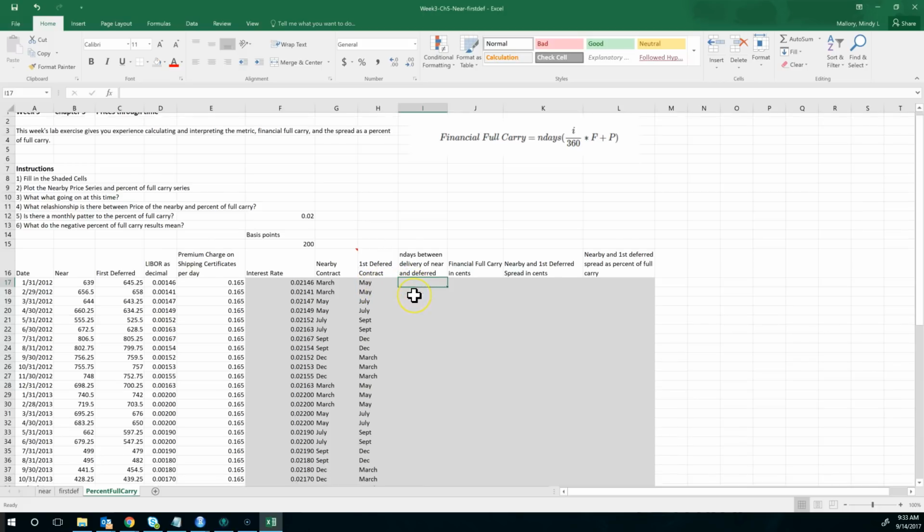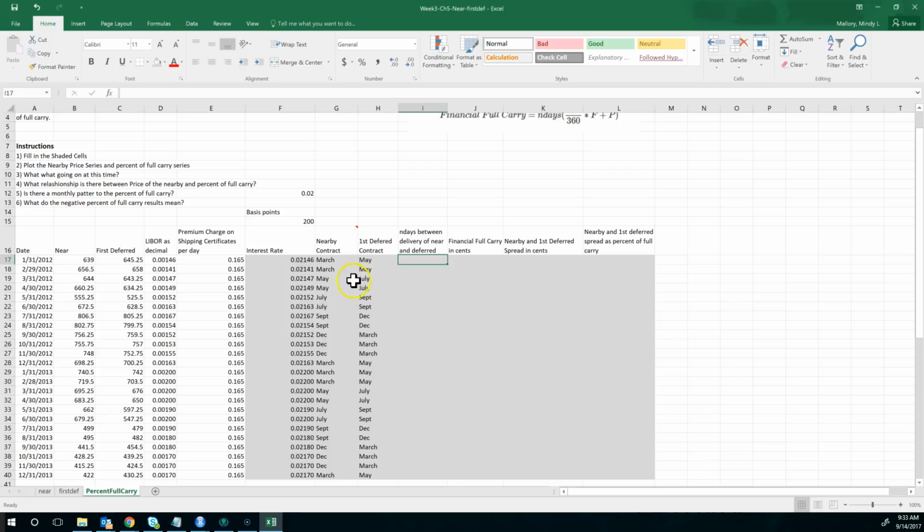And so we're just going to ballpark it a little bit and not worry too much about weekends, because we're going to say the number of days between March and May. Well, March, April, May, that's going to be 2 months. Call that 60 days. And that's true for all of these pairs until we get to September and December, because September, October, November, December, that's 3 months and should be 90 days.